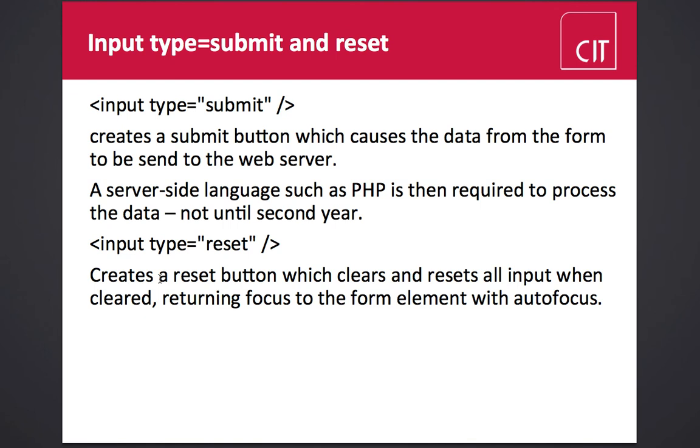So if you're going to call something, let's say, first name, or if you're going to call something, say, second name, if you give the box where they put in their surname the name second name, that's how that's going to be sent. Okay? At the receiving end, the programmer there needs to know that that's called second name and not surname. So you need to agree the names of the elements there. But that's really the extent of your interface then to the PHP server.